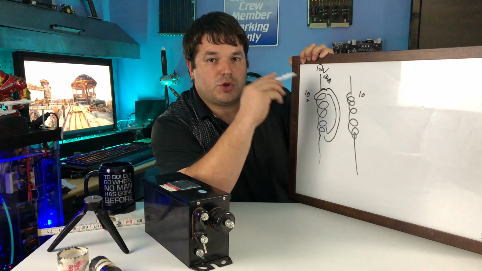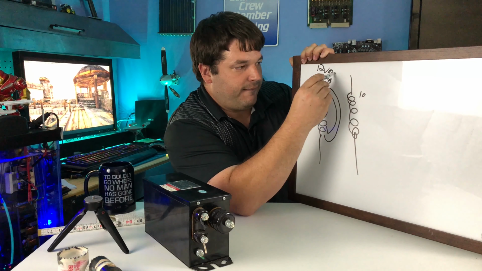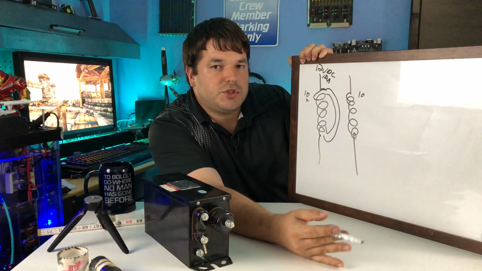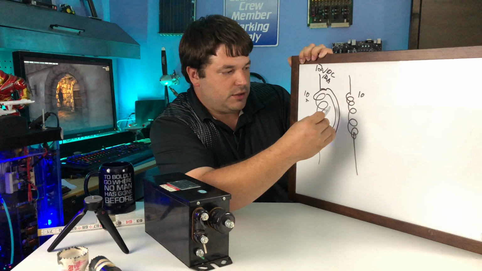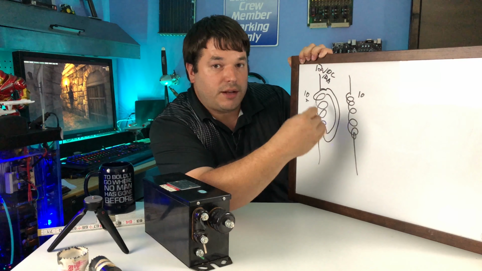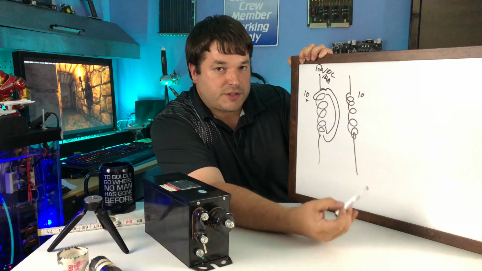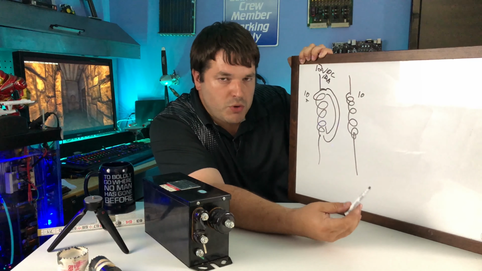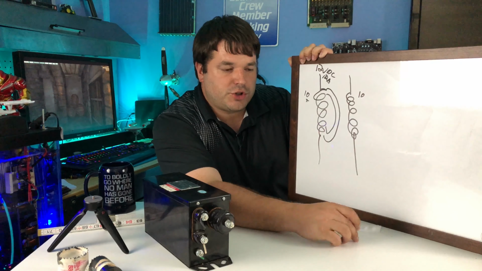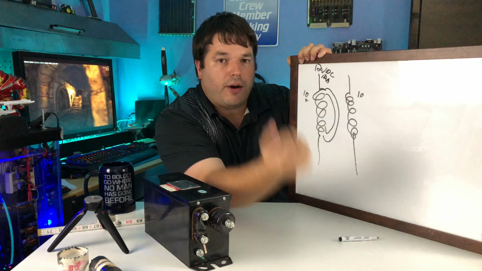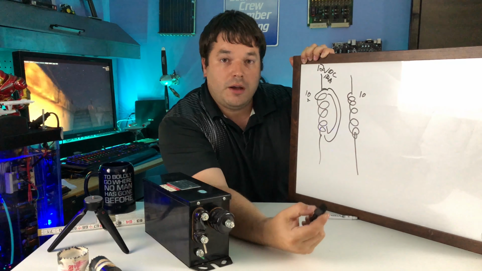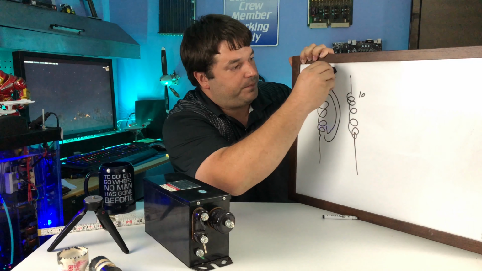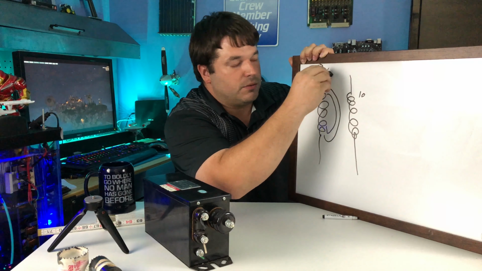Now, if I put 12 volts DC, it doesn't do anything for me because all I have at this point is one coil producing a magnetic field, the other coil sitting there in no motion. Well, shucks, that's a head scratcher. Now, how do I change this? How do I make this work? I need motion, right? What am I going to do? Spin the coil?